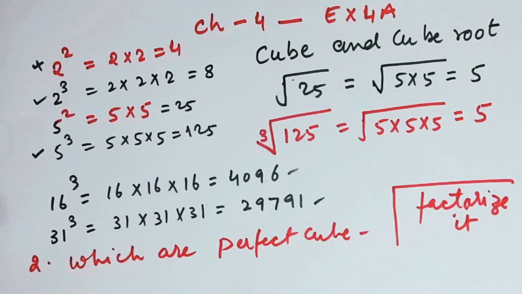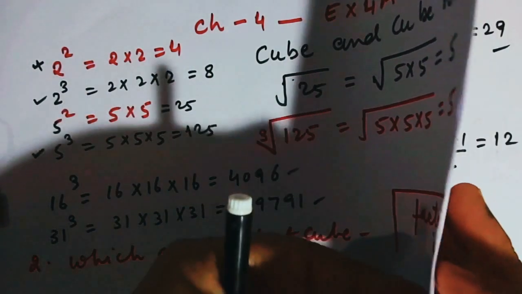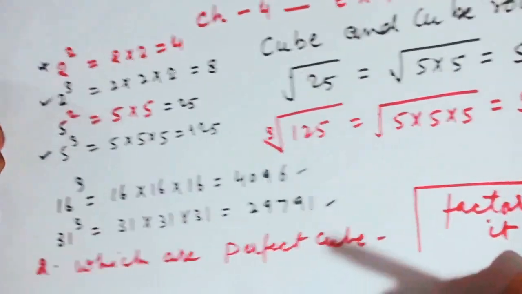You know, the best thing in this chapter is there is no division method, only the prime factorization method. This means half of our problem is solved. This means you will be given only those numbers which are cubes. So you have only one option, to find out the prime factors.